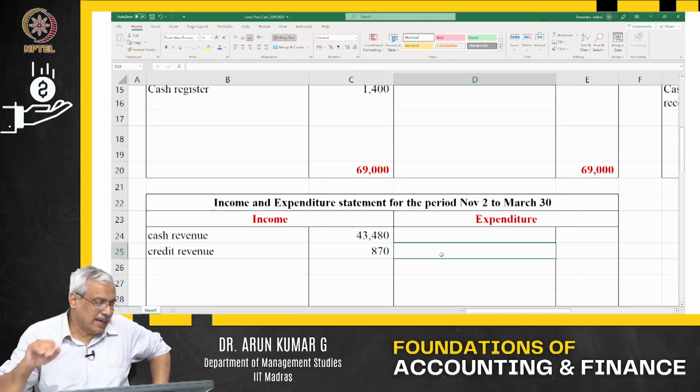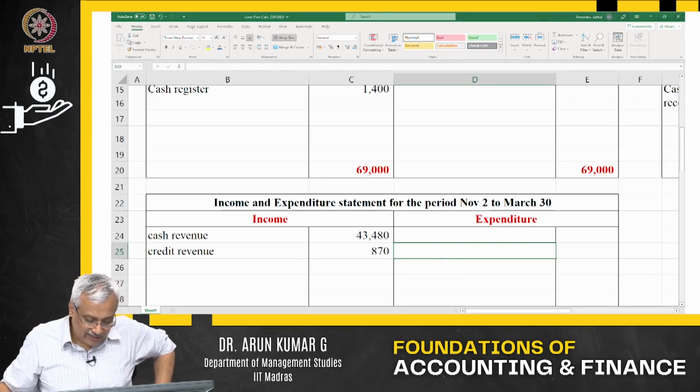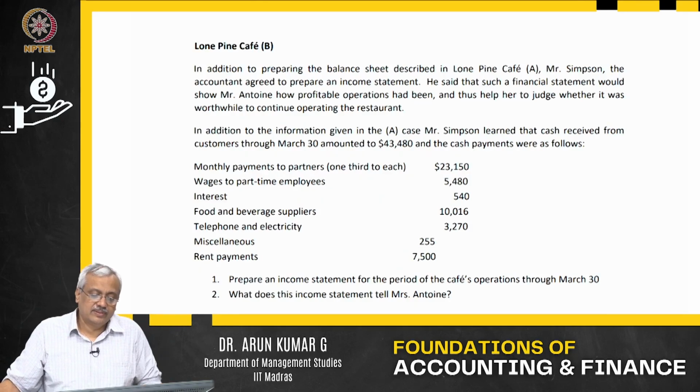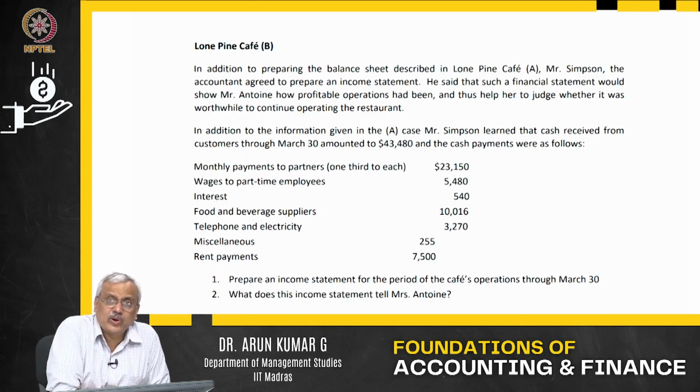Now, let us look at the other parts of the transactions, because I don't see any other revenue. The cash payments are as follows. Monthly payment to partners, one-third to each. Monthly payment to partners means it's an expenditure, a payment that is made.